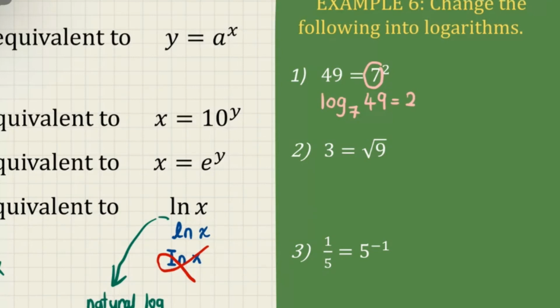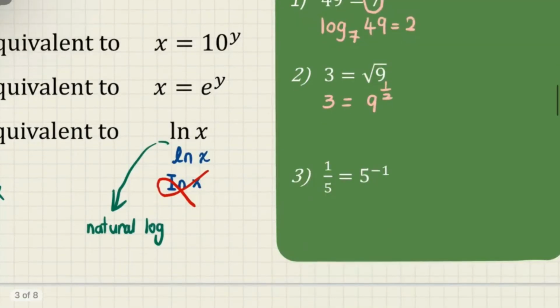And then kita ada 3 equals to square root of 9, which actually adalah 9 to the power of half. Okay, so 9 kita adalah kita punya base, betul? So bila log dia akan jadi base. Log of base 9, 3 equals to half. And then here, 1/5 equals to 5 to the power of negative 1.